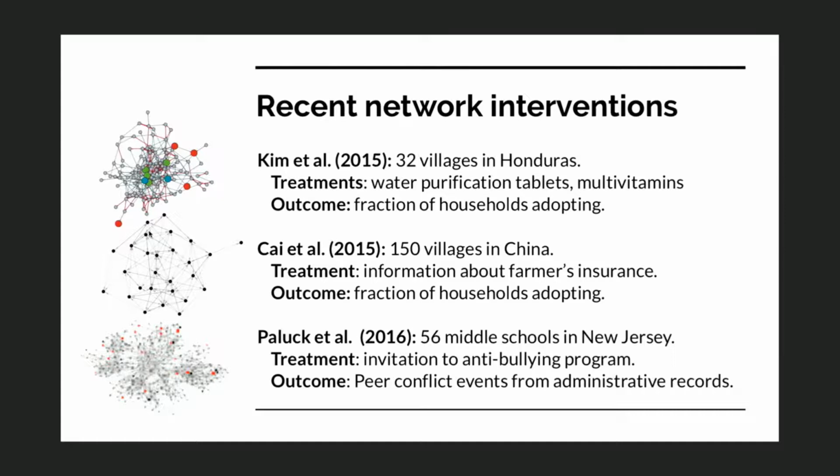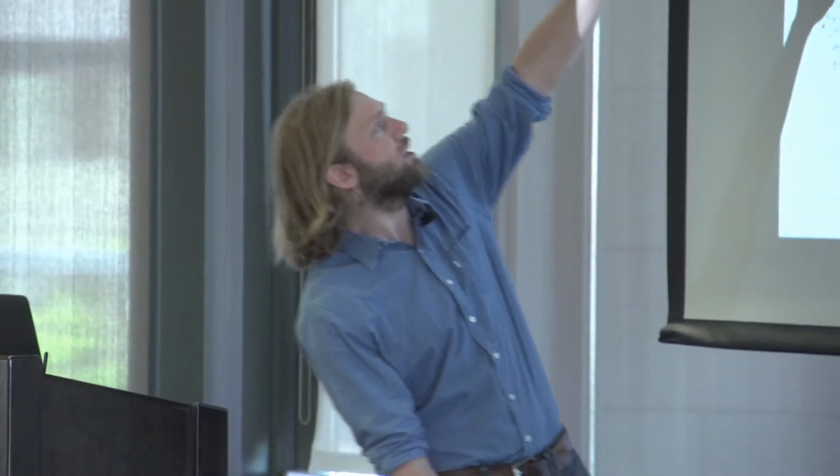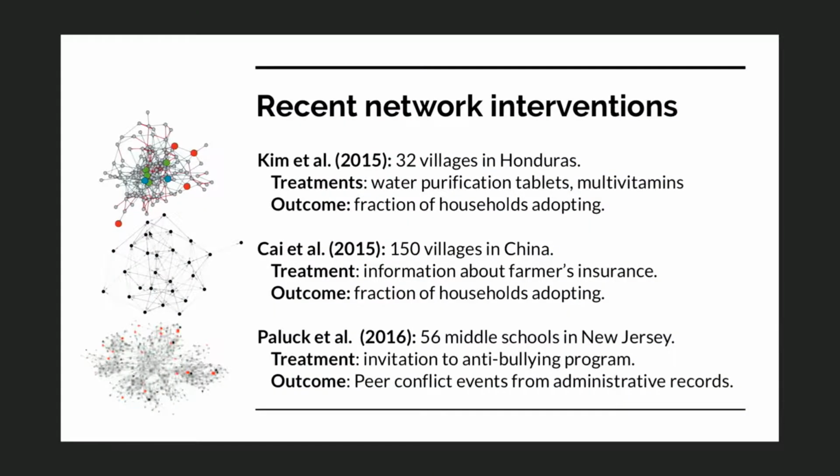So we have this scenario of 32 villages in Honduras where the stated goal was to increase the adoption of water purification tablets or multivitamins. There are actually 2 different interventions. You can see one of those villages up here where the green nodes are water purification, the red nodes are multivitamins, and the blue nodes are nodes that got both. They're actually running 2 interventions at the same time on a given network.